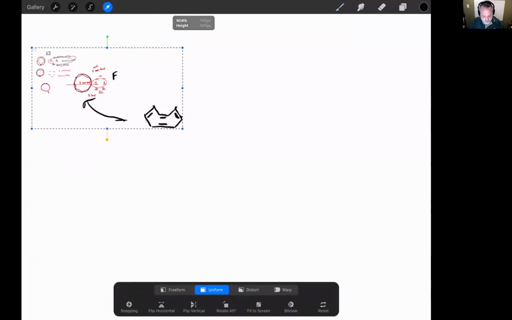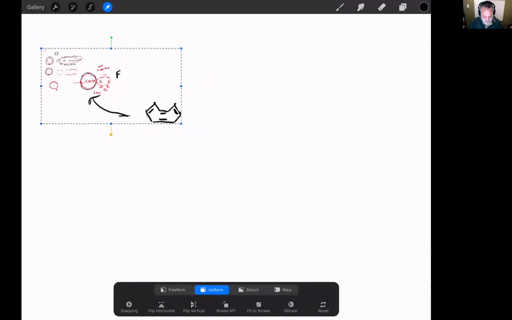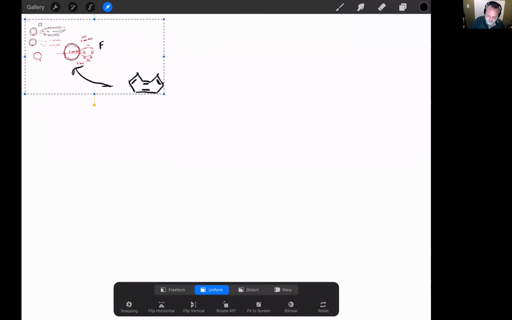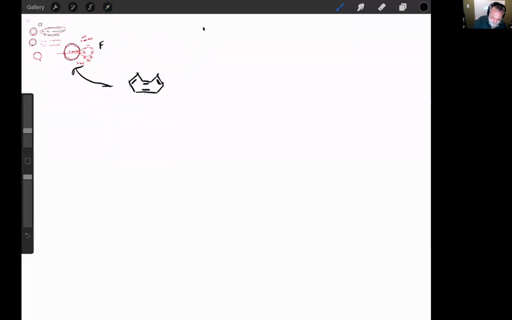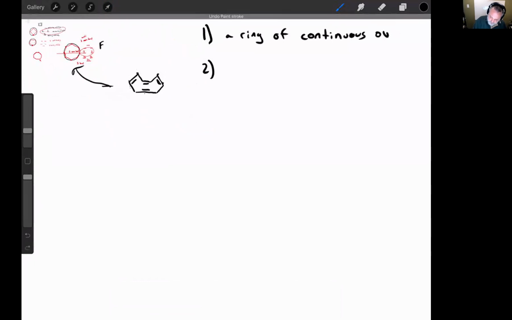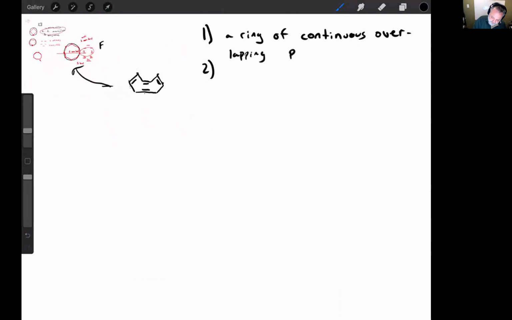And so this brings us to, not only is Huckel's number important when it comes to predicting aromatic compounds, but it also has to be a ring of continuous overlapping p orbitals.